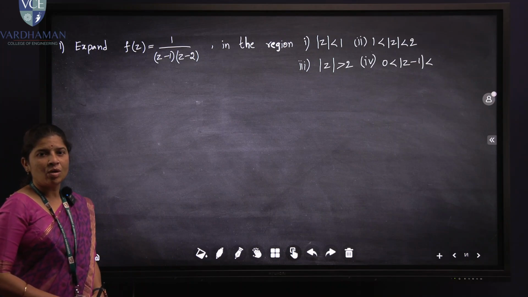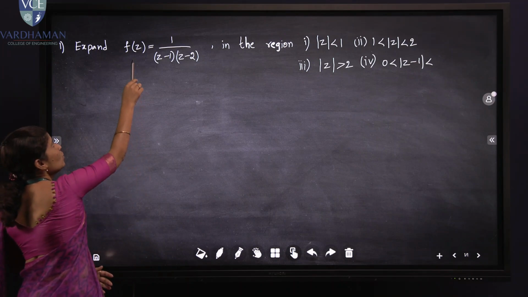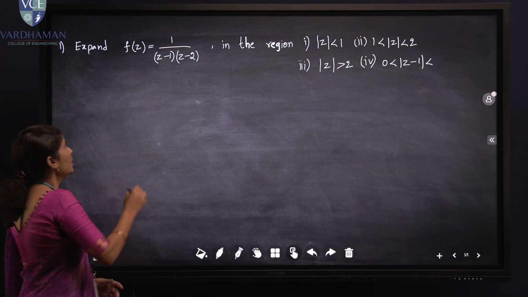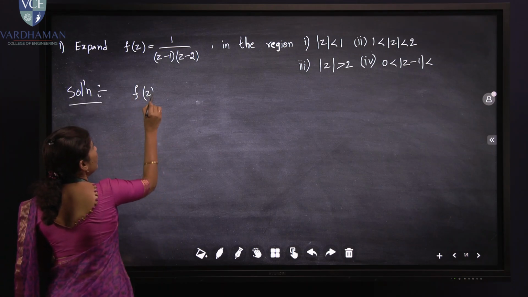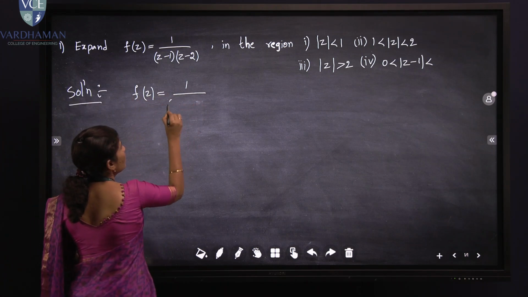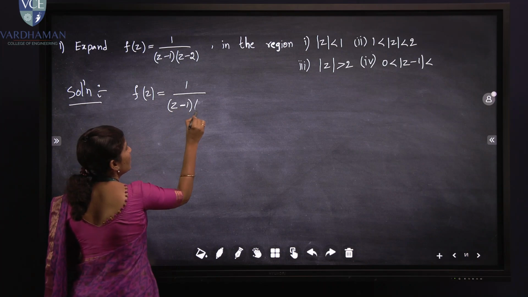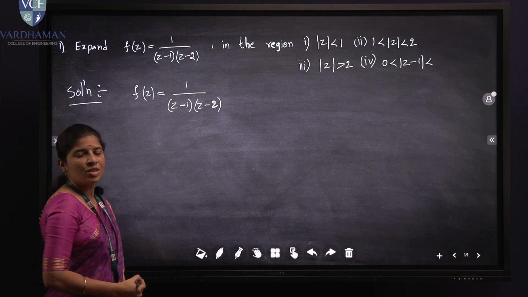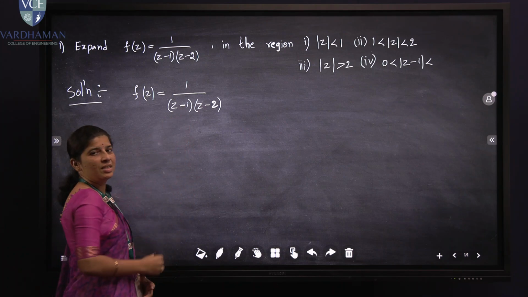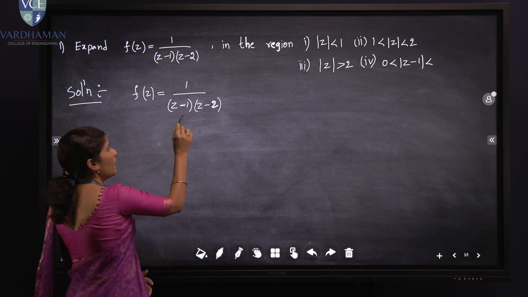If we want to use the Laurent series, first we have to simplify the f of z value. The given f of z is 1 upon (z minus 1)(z minus 2). Now, first we have to separate this given function using partial fractions.